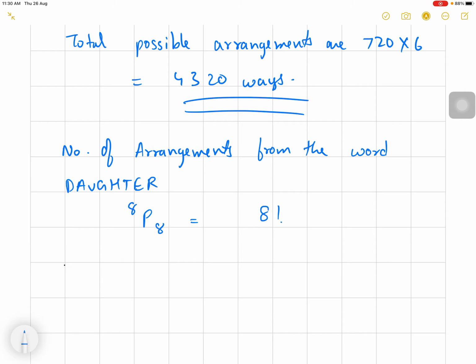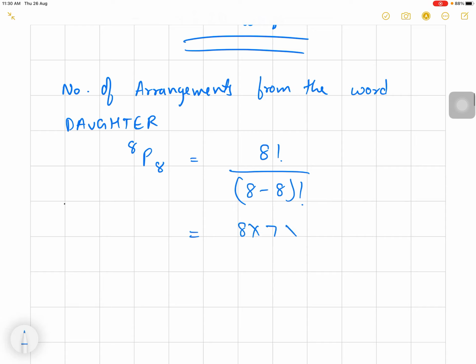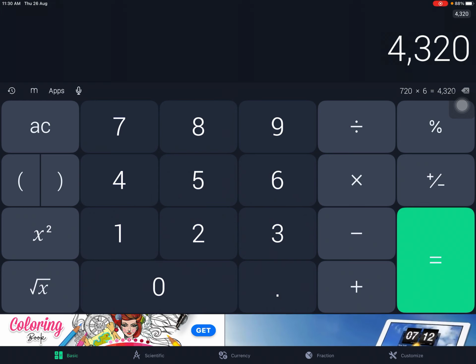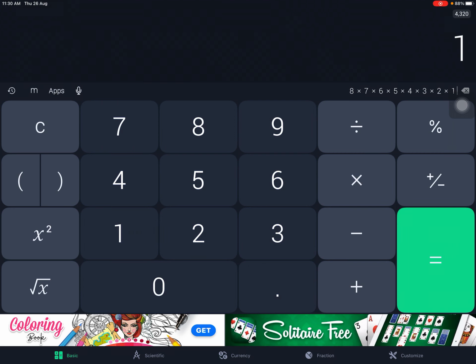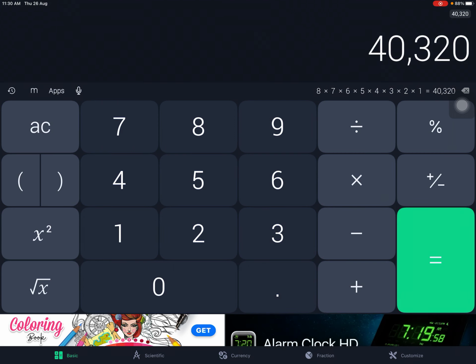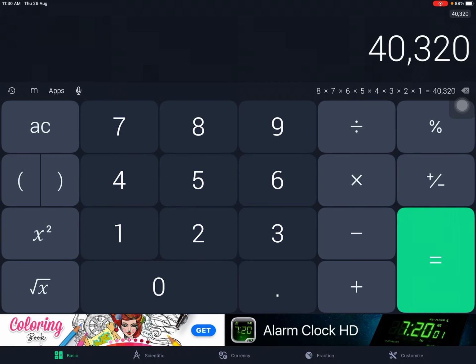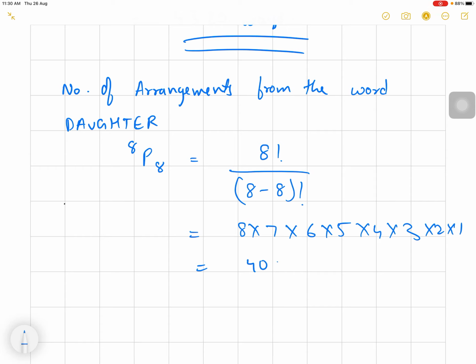So 8P8 will be 8 factorial divided by (8 minus 8) factorial. 8 into 7 into 6 into 5 into 4 into 3 into 2 into 1, which comes to 40,320 ways. So 40,320 ways the word daughter can be arranged.